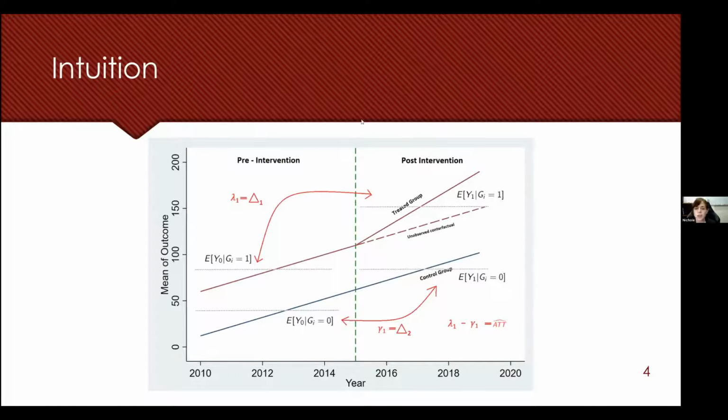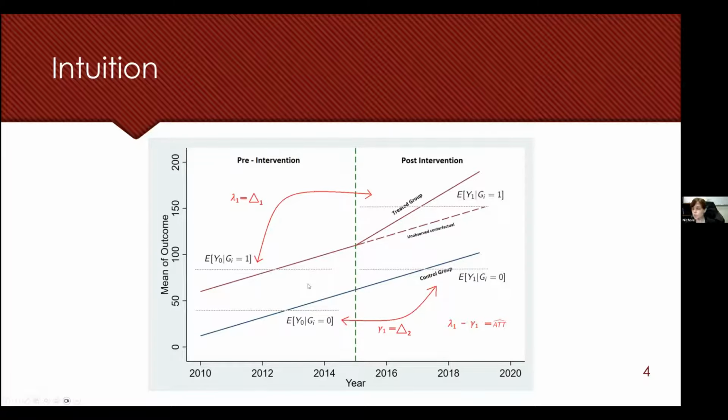Treatment occurs around here in 2015 for the treated group only. So in 2015, let's say there's some policy shift, some exposure that leads this group to be considered the treated group. You can see after 2015, the trajectory of the outcomes in the treated group changes. So we go from this trend to this more upward trend.